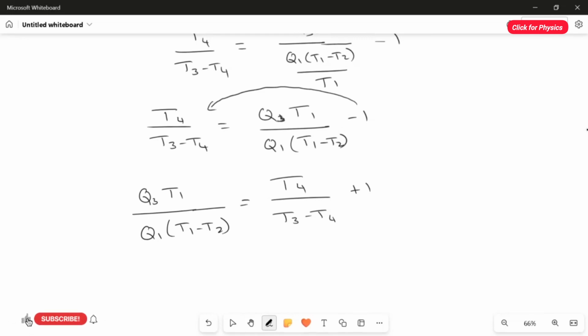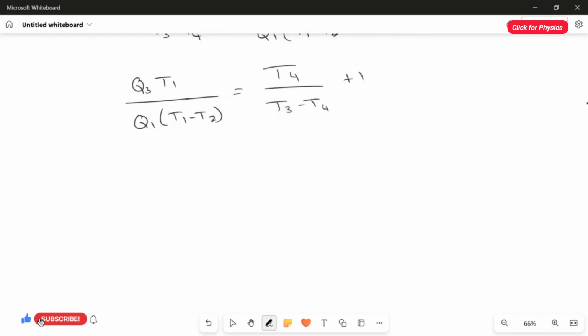That means the ratio of Q3 over Q1 we have to find. So I am going to keep this Q3, Q1 on the left hand side, and move this T1 over T1 minus T2 to the right hand side. So let's see what will happen. I'm going to keep only the energy on one side and move the temperature to the other side.